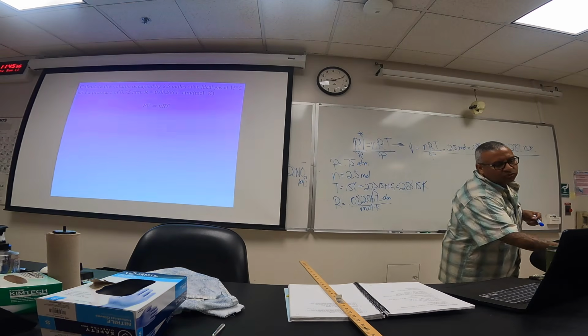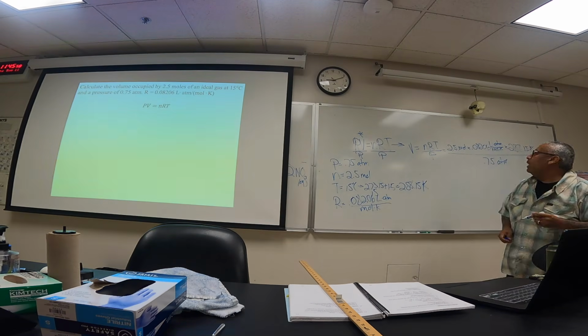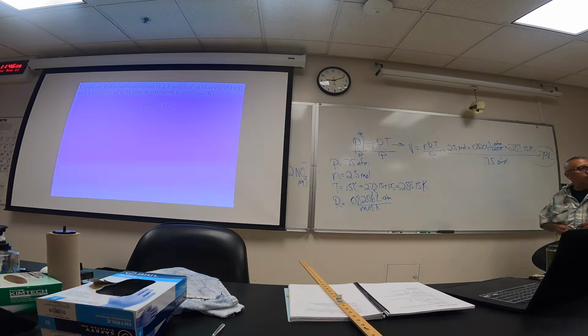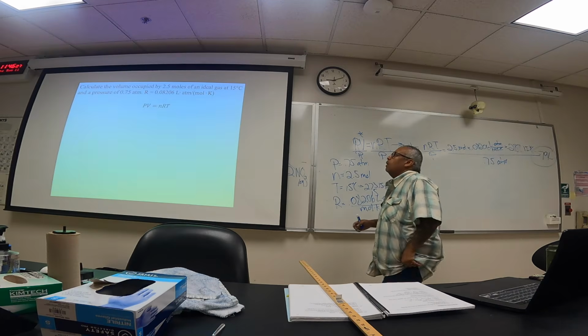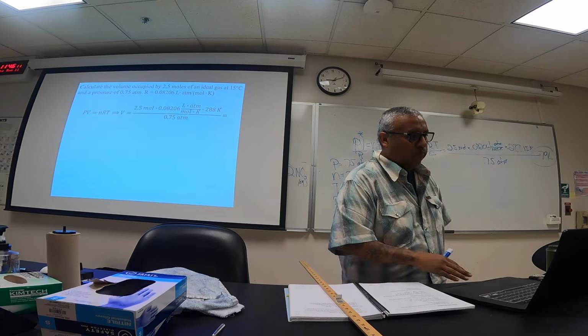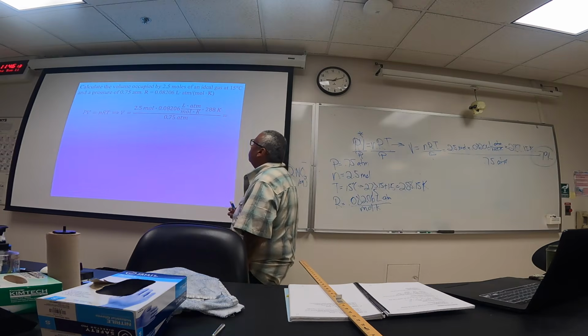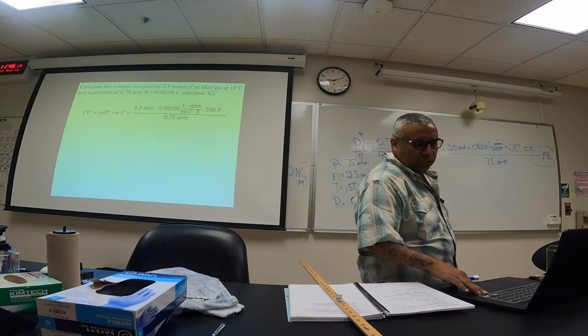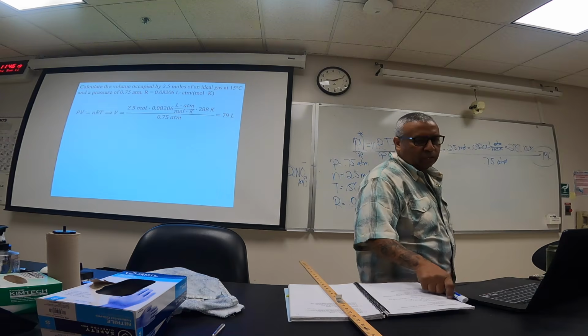I'm going to round this to 2 significant figures, and we get 79 liters. So here's our setup. We can see that all those units cancel out, and we do in fact get 79 liters.